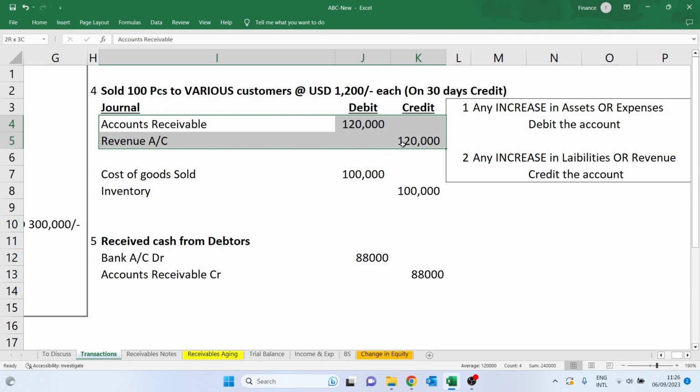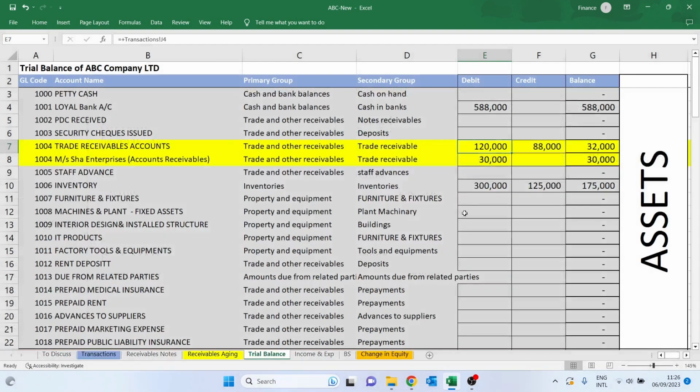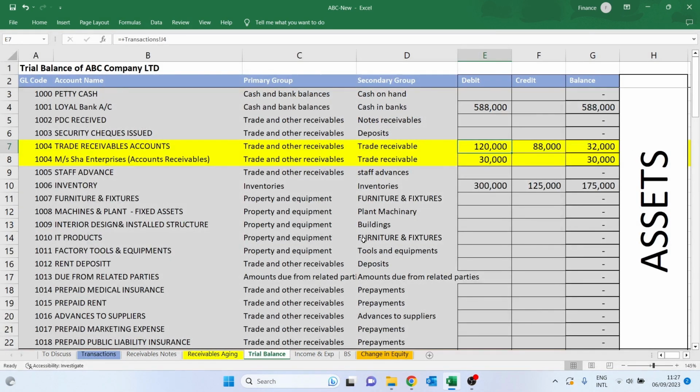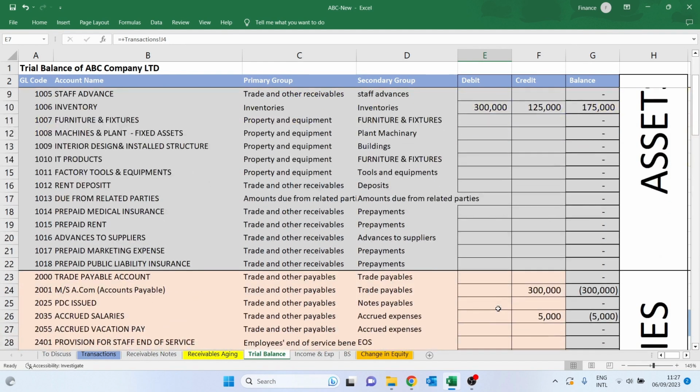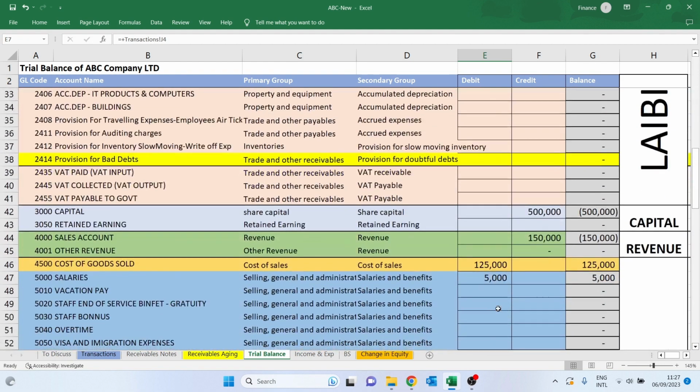The sales, the first entry: accounts receivable debited with 120,000, and the second entry: revenue account credited with 120,000. So this is our trial balance here, 120,000 debited, and we need to credit the revenue account.